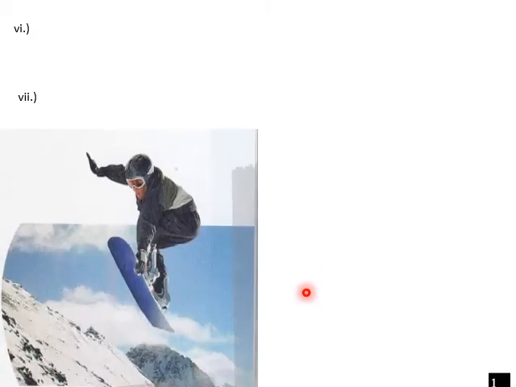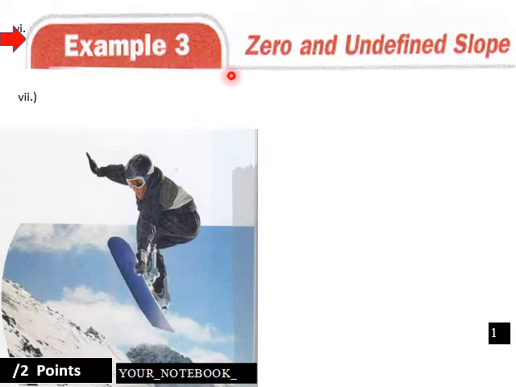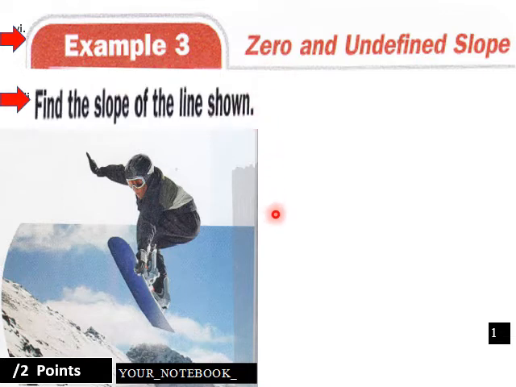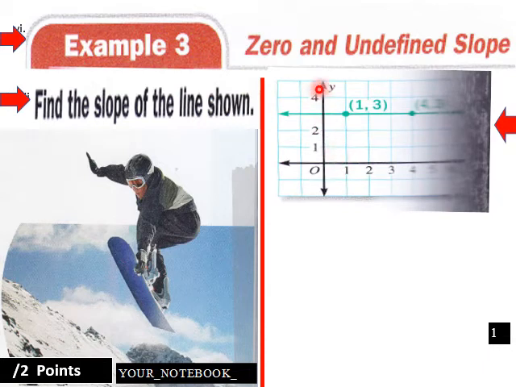For our lesson today, we're going to go right into example 3, zero and undefined slope. Find the slope of the line shown. We have points (1, 3) and (4, 3).